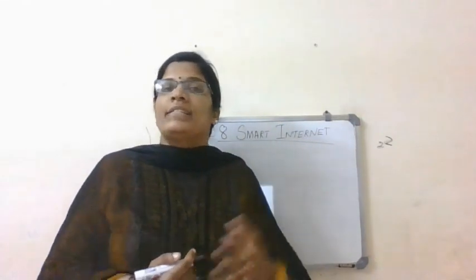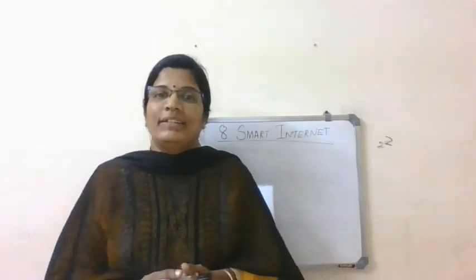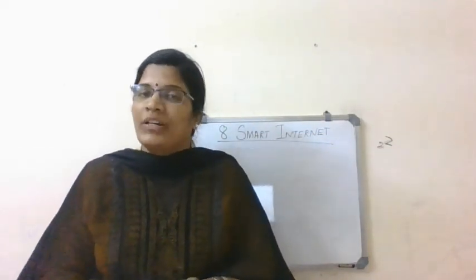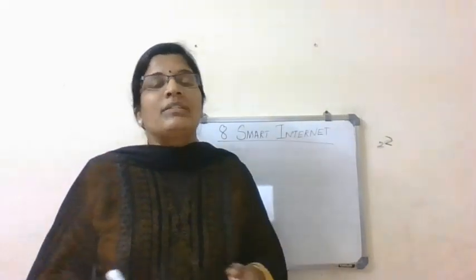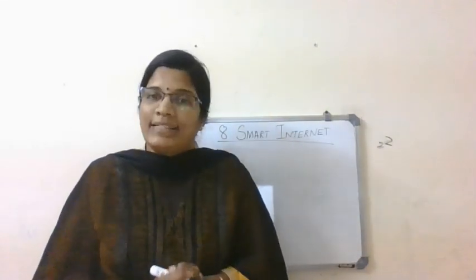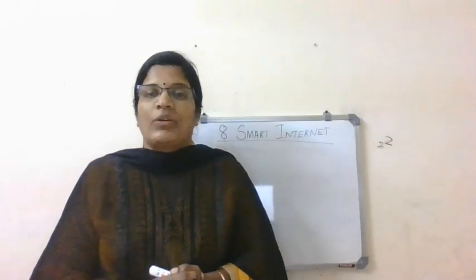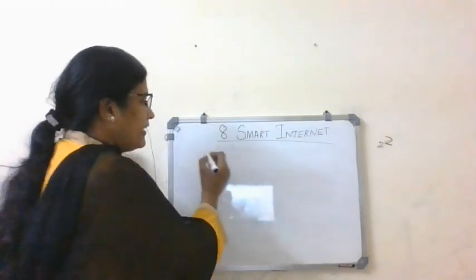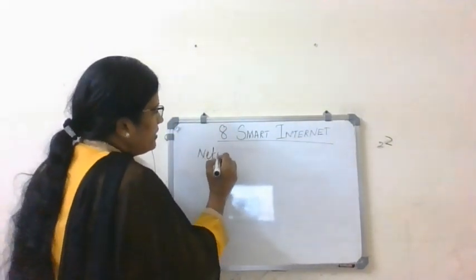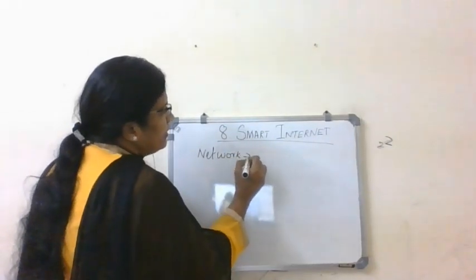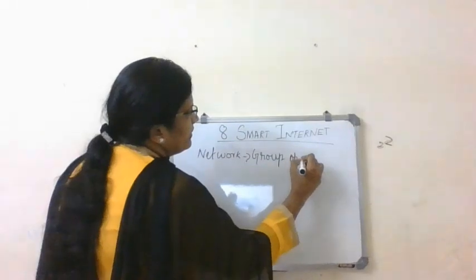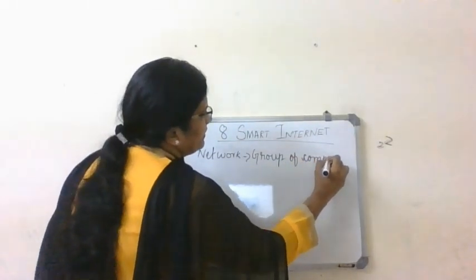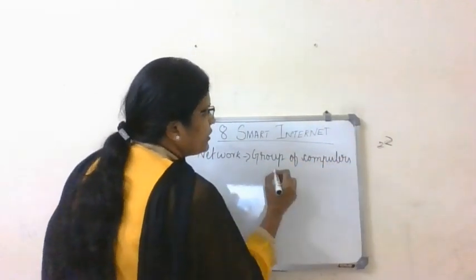First, let's talk about network. So what is meant by network? Network means when a group of computers are connected together, we call it a network. Let me write it here. Network means group of computers connected together.